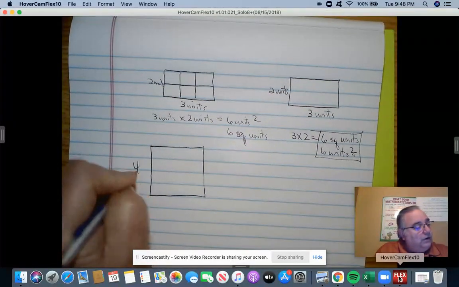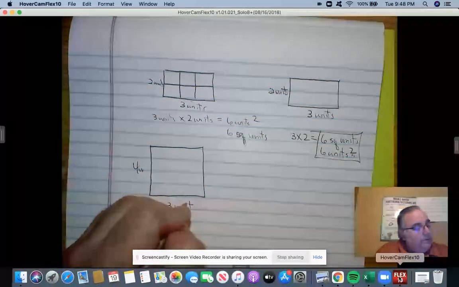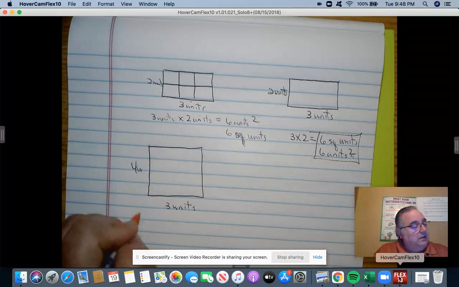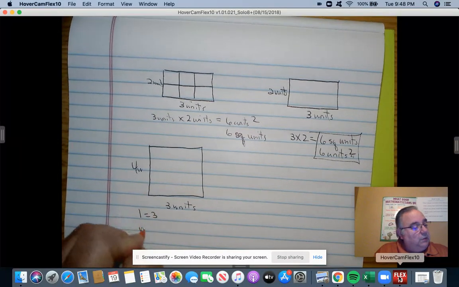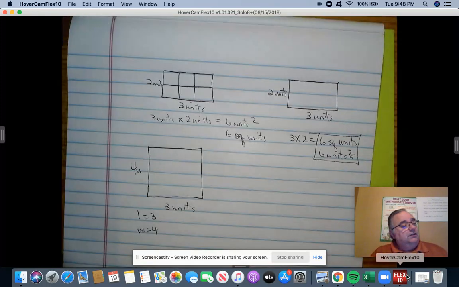The length equals 3, the width equals 4. I'm going to pause the video in 3, 2, 1.